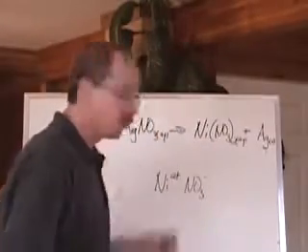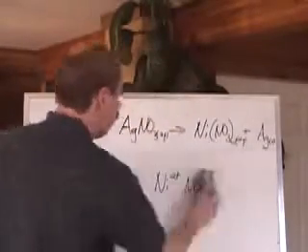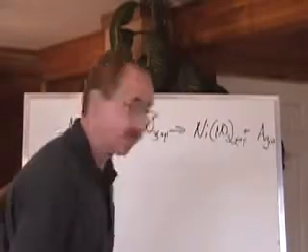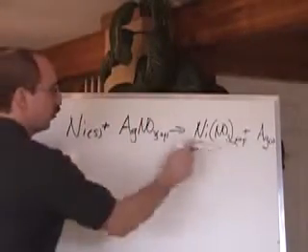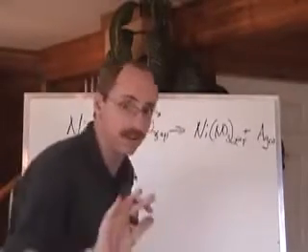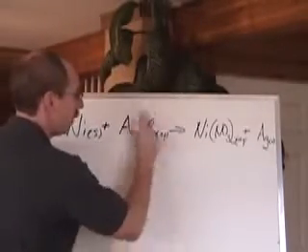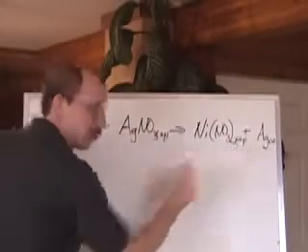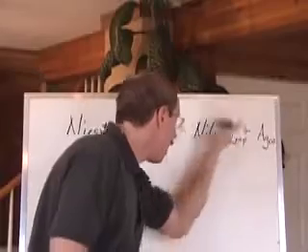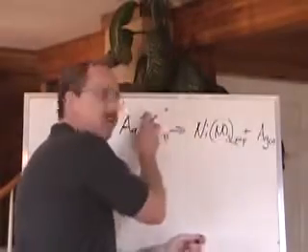Now, there's your equation, and it only requires you to get it balanced. So, let's do that. 1 nickel here, 1 there. 1 silver there, 1 there. It is easy. It's not done. 1 nitrate here, 2 nitrates there. See, I kept the NO3 together. I went 2 NO3s because NO3 is on the other side too.